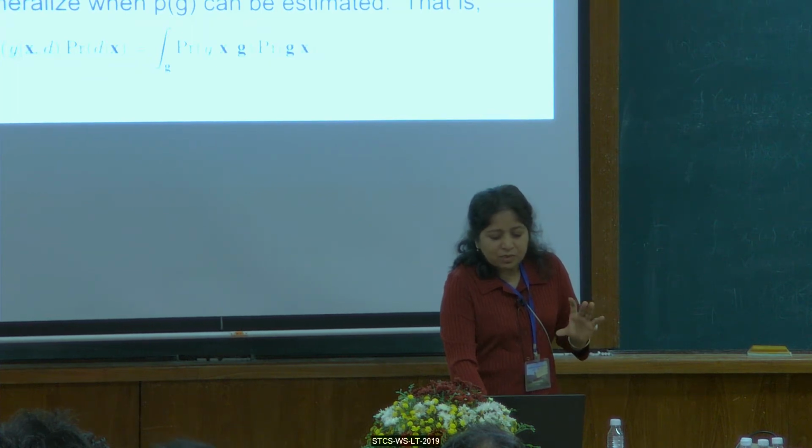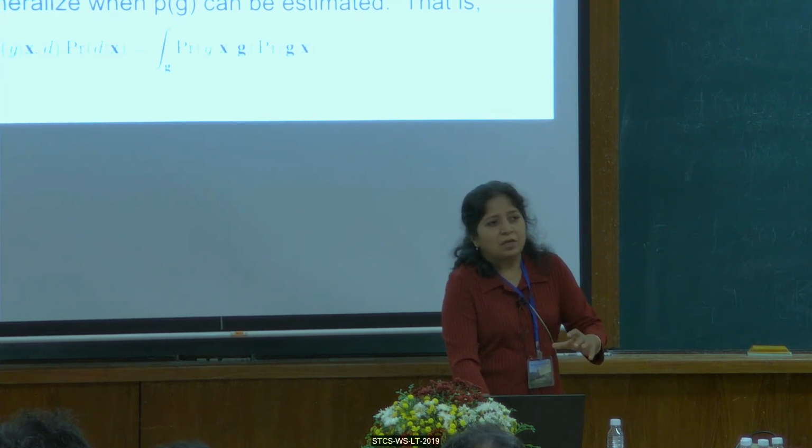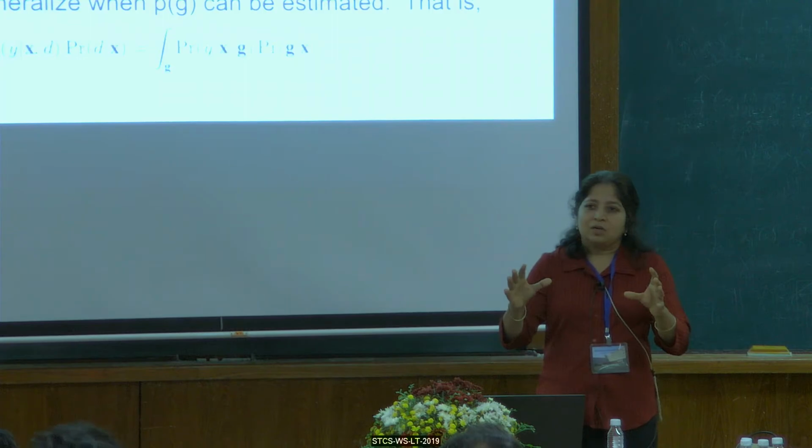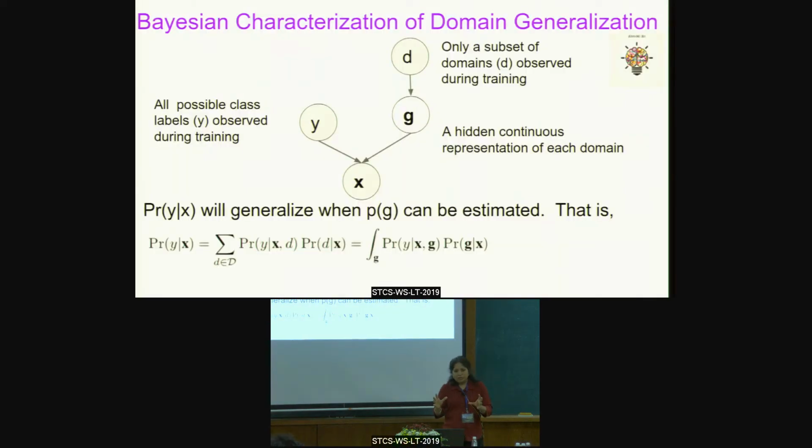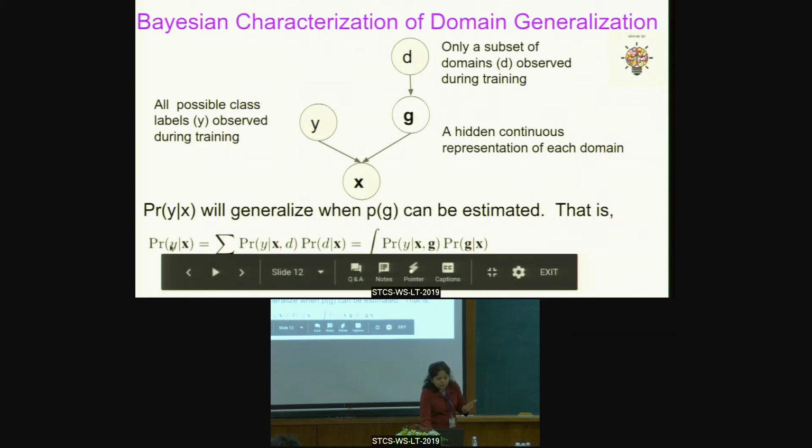And let's assume that you have enough distinct Ds, and by some way you are able to estimate PG, the probability distribution over these continuous latent attributes of domain. Then there is some hope of estimating probability Y given X, because now probability Y given X, instead of being a summation over distinct domains, is an integration over the space of Gs.